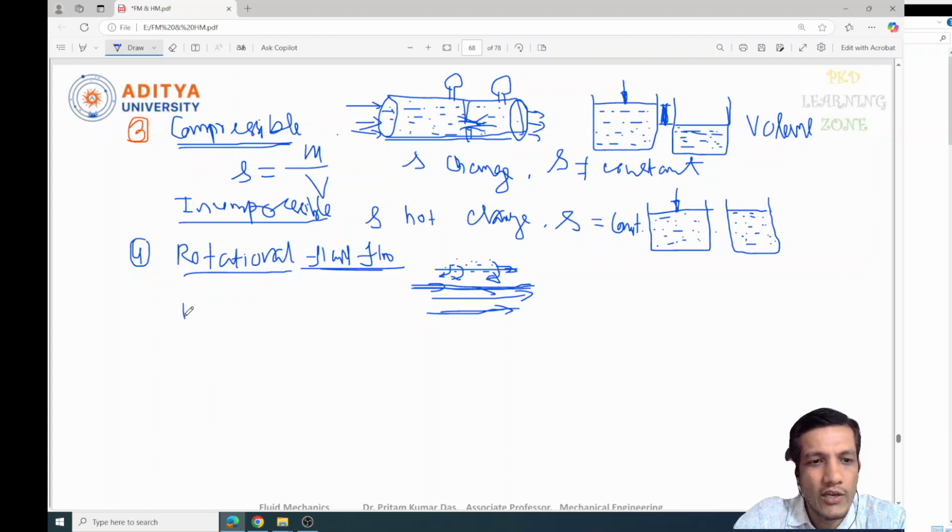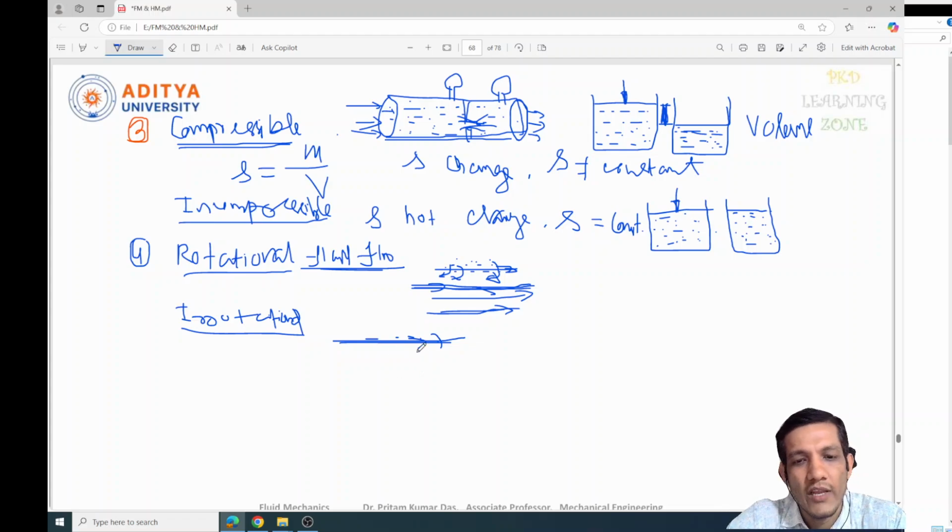Similarly, irrotational flow is also simple. In irrotational flow, while the fluid is flowing, the fluid particles along the streamline, along their own axis, are not going to rotate along the streamline.